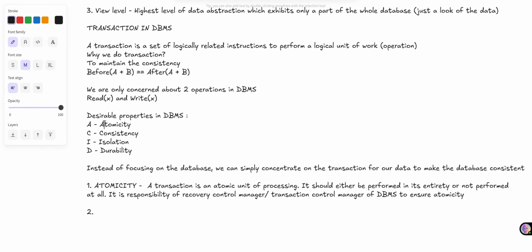If your DBMS has atomicity, isolation, and durability, then it is consistent, obviously, because what is our main goal? To maintain the consistency. So if we have atomicity, isolation, and durability, then automatically consistency will come. This was what I wanted to say. Instead I focused more on isolation. So I'm correcting my mistake. Kindly correct your notes too.